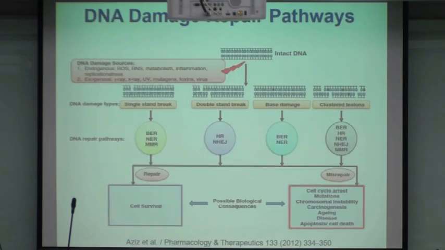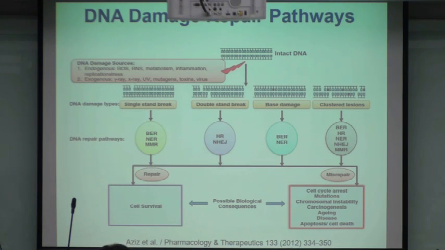Okay. So that is a diagram giving an example of which damage triggers which pathway. I don't want you to remember details, but I would like you to appreciate that different kinds of DNA damage trigger different mechanisms.